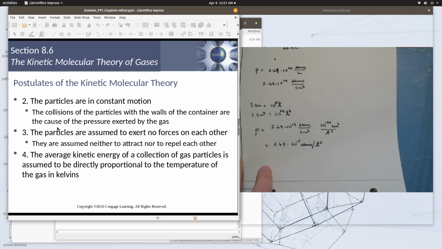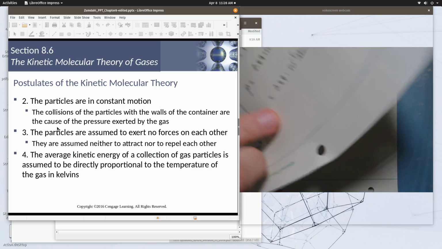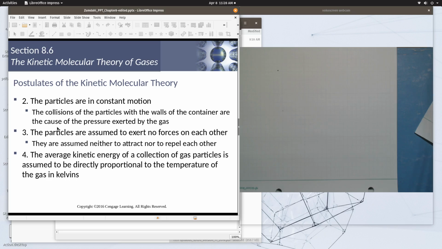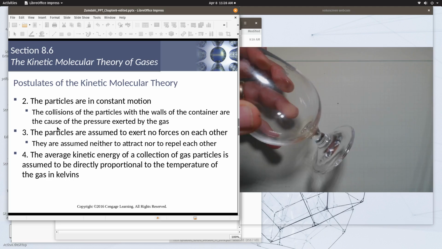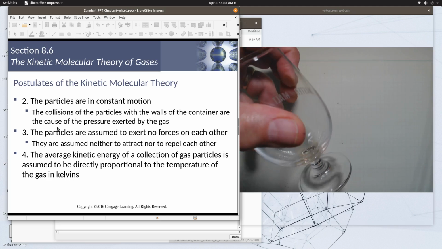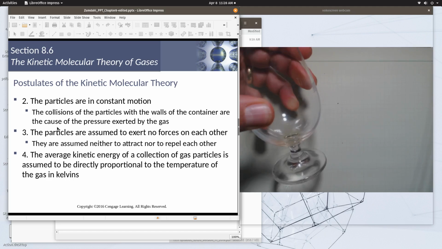The second thing is that atoms are in constant motion. Pressure occurs in the following way. Usually we think of pressure as pushing the atoms out of the way, or the atoms bumping into each other, giving rise to the pressure, like my glass here. I've got this Masters of Malt glass, and I put pressure on it by squeezing it.